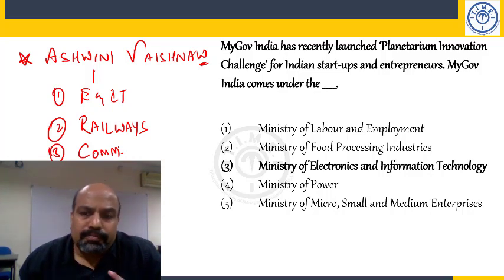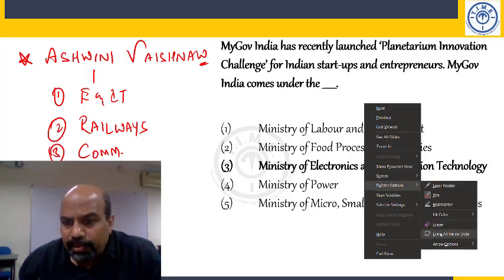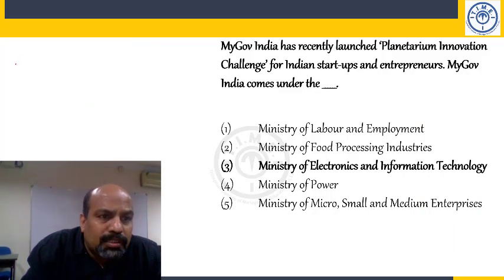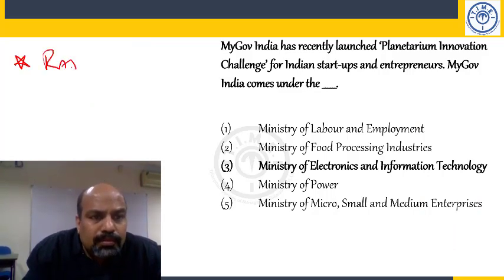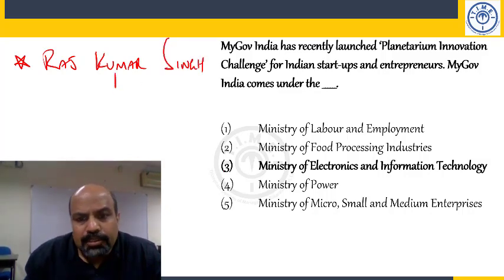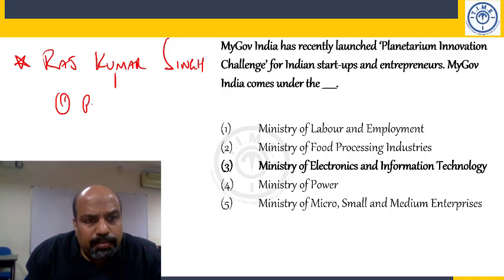Next, fourth, Ministry of Power. Let's write this person's name, because this person also heads another ministry. His name is Raj Kumar Singh. Singh heads one, the Power Ministry.